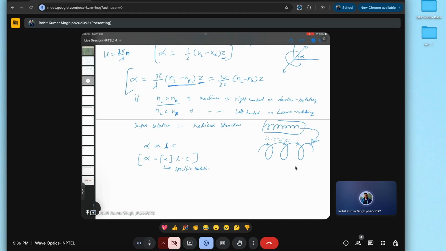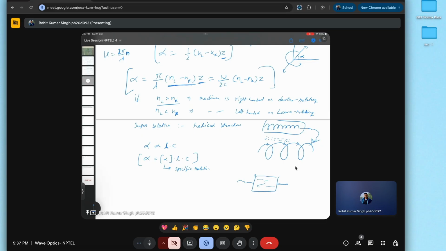This is the formula that we have derived through mathematical logic. But in principle, in experiments, if you take a sugar solution in a bowl like this and you pass light through this, you will observe some angle of rotation.